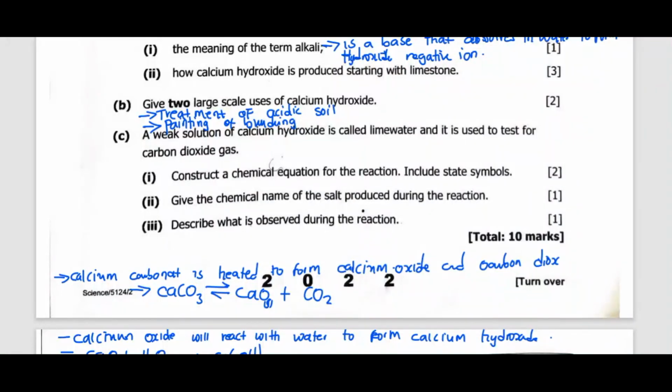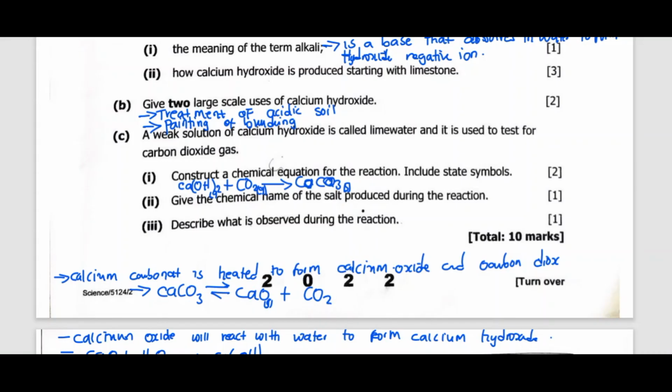So you say calcium hydroxide reacts with carbon dioxide. This will give us calcium carbonate. So we have a solid, we have a gas, we have aqueous here.